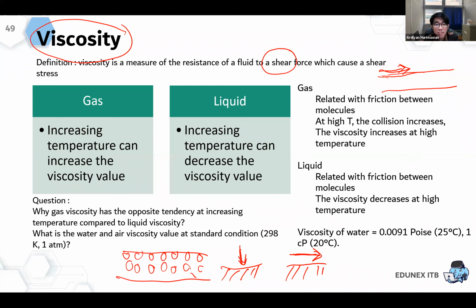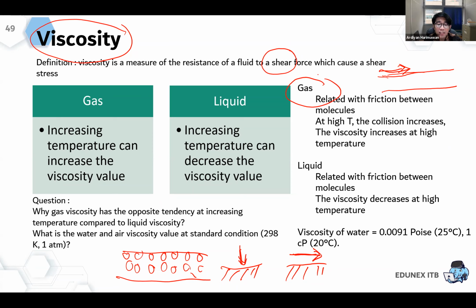It means the intermolecular force becomes higher. What happens if the intermolecular force becomes higher? The collision increases, the friction will be higher. Supposedly, the viscosity will be higher as well. That happens with gas. So for gas, if you increase the temperature, the viscosity will increase.